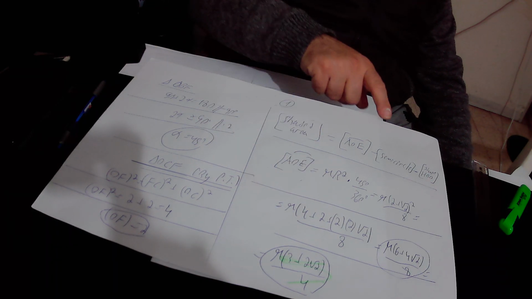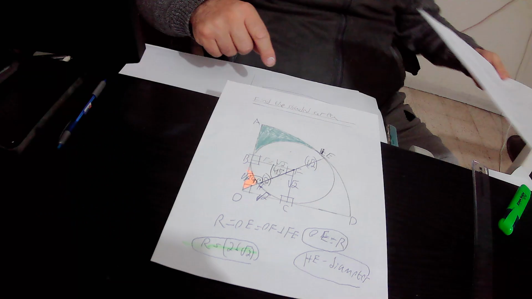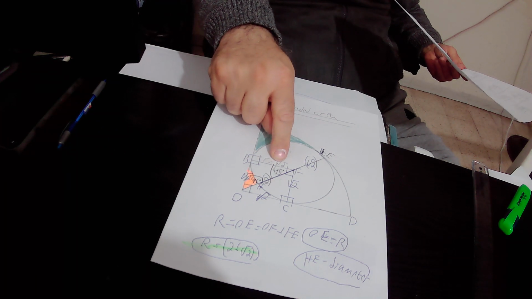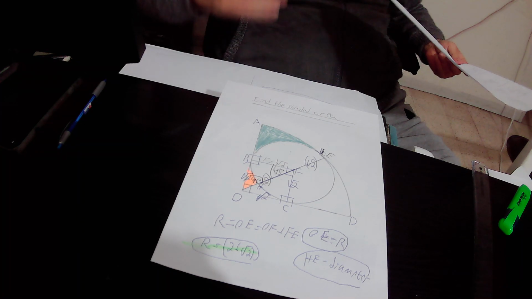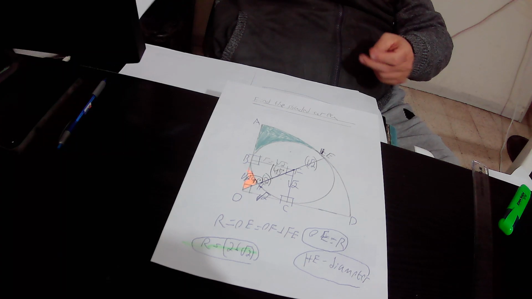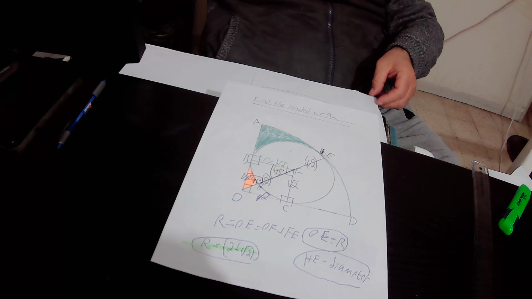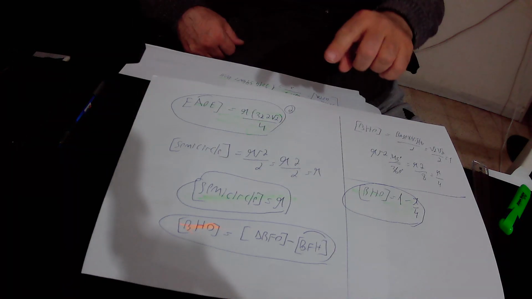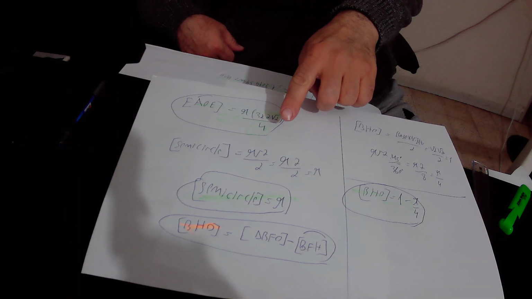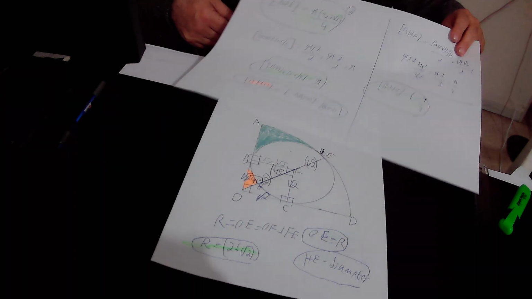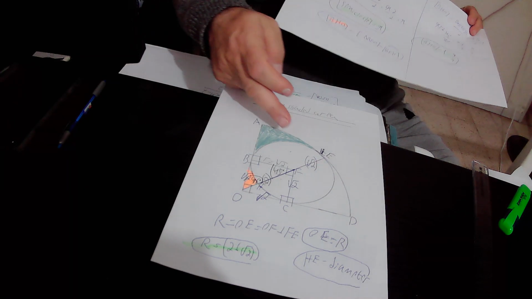Now, in the next step, we have to find out the area of this small semicircle. The area of any semicircle equals the area of the circle over 2, that is pi r squared over 2. r is the radius of the small circle, which equals the square root of 2 units according to what is given in the question.